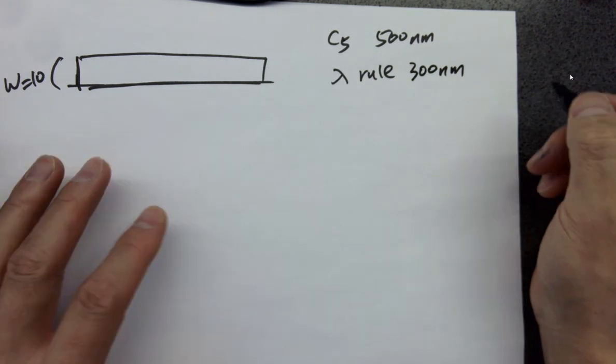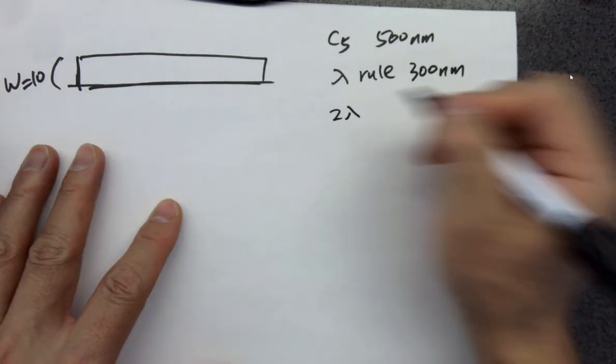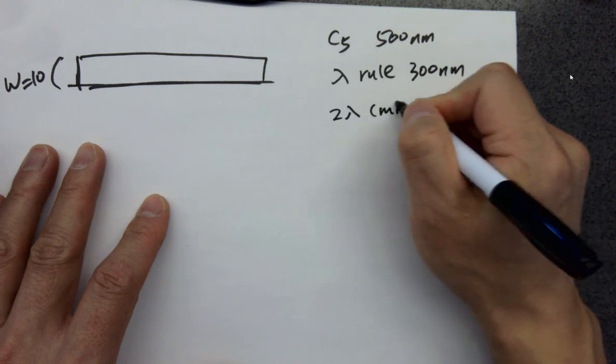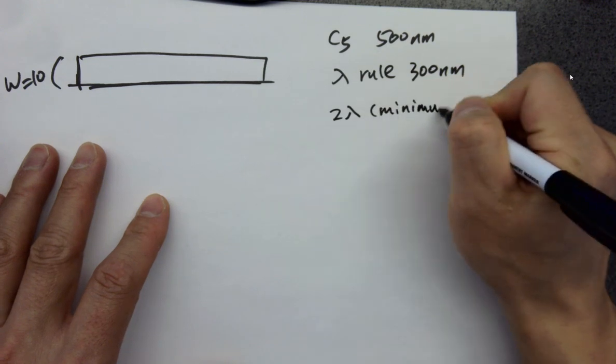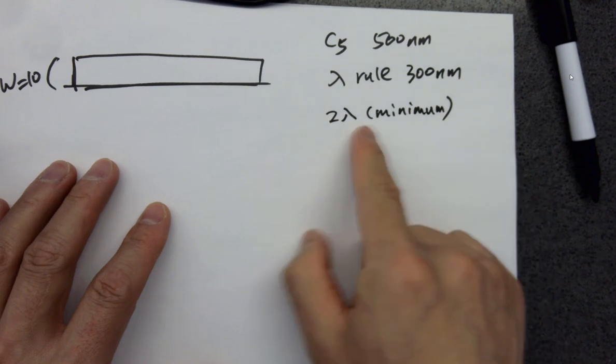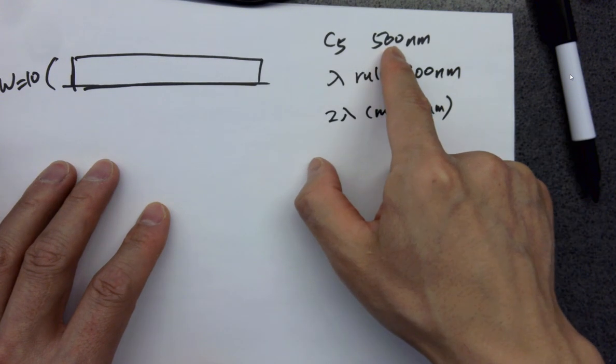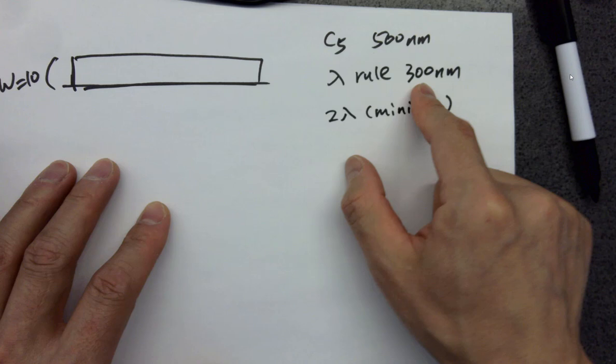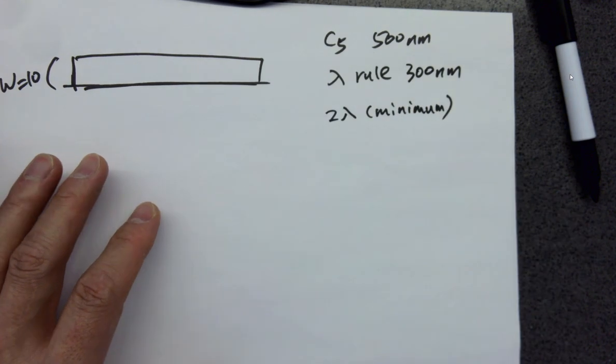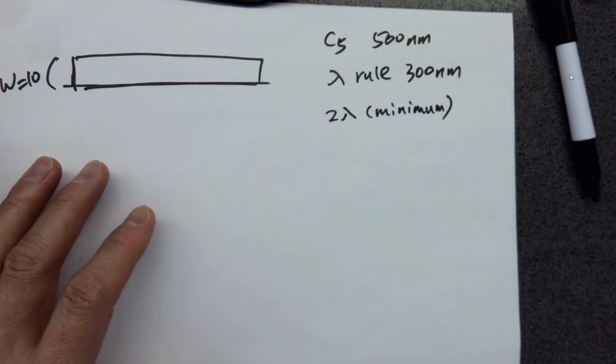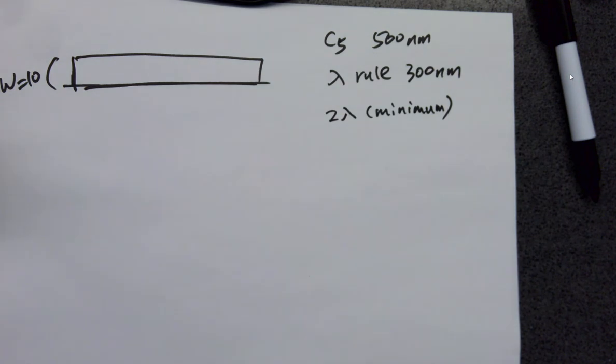So the minimum dimension for everything will be 2 lambda minimum. And that's interesting, right? Because the minimum length you can fabricate is 500 nanometers. However, you are using 2 lambda, which is 600 nanometers as a minimum. Why? You just want to increase the yield.